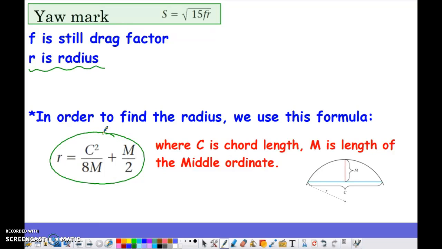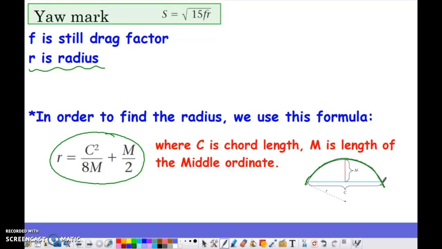Talking about a couple things in that formula. C represents the chord length. If we look over here at this picture, if this is my yaw mark, the mark left on the road when I hit my brakes, the chord length is the distance between two points on my arc.